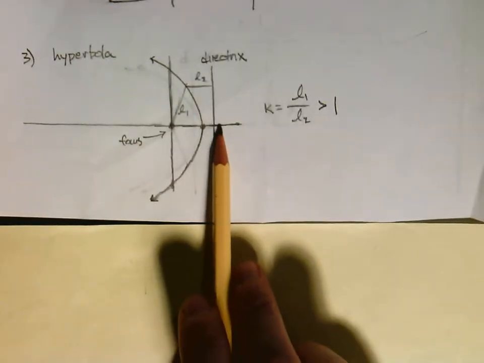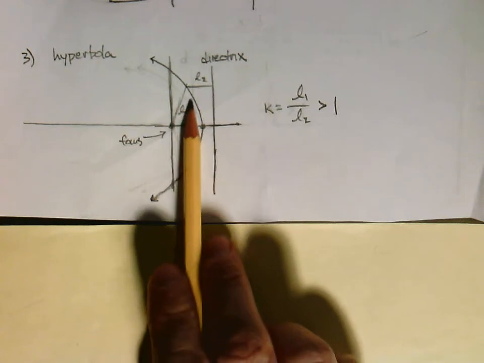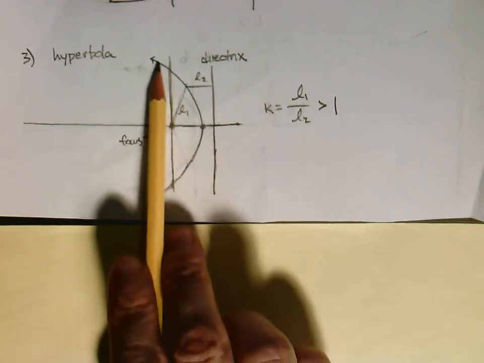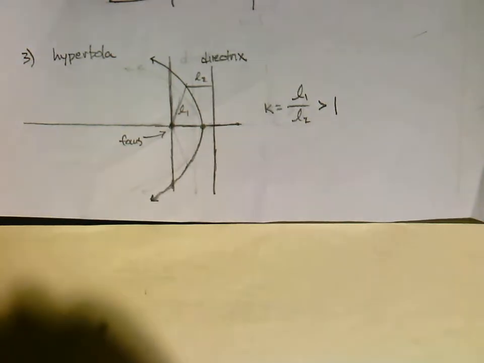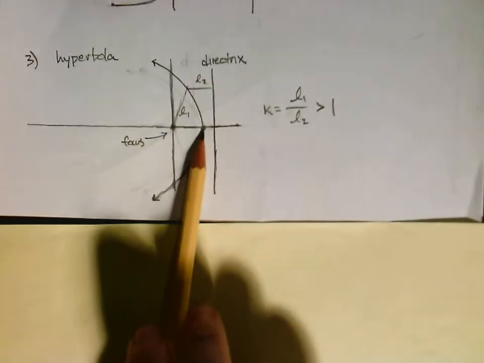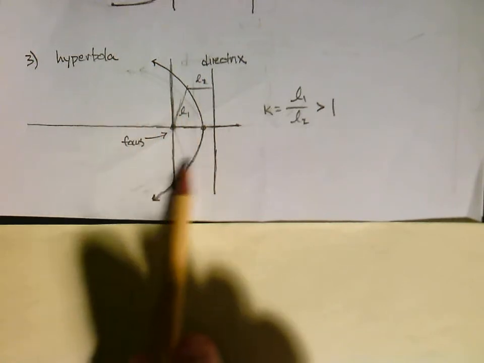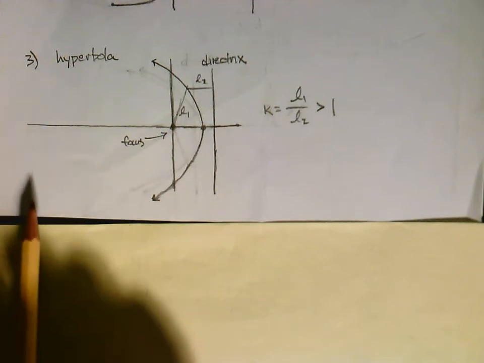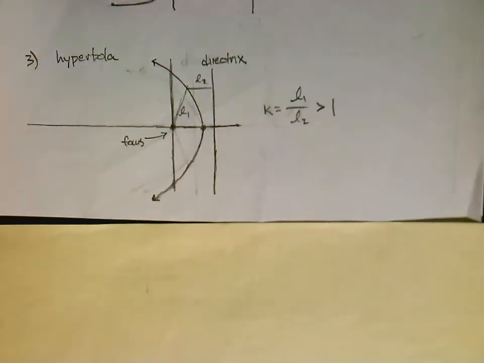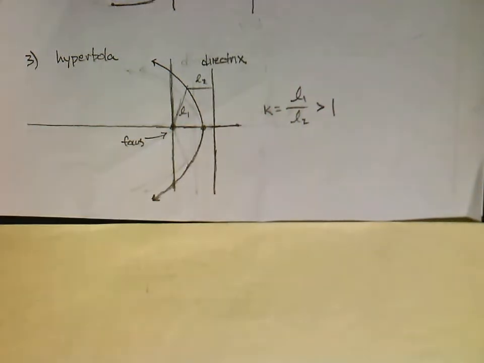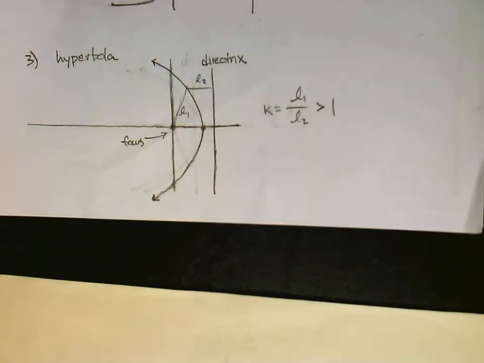As I start to pull it out, eventually that ratio becomes exactly 1, and I get a perfect parabola. This is not a parabola. It looks like one, but it's not. And as I pull it further and further away, that pulls in tighter and becomes half of the ellipse. The ellipse needs a second directrix to create the other half. And the hyperbola would have a second directrix for its other branch. Okay, very interesting.